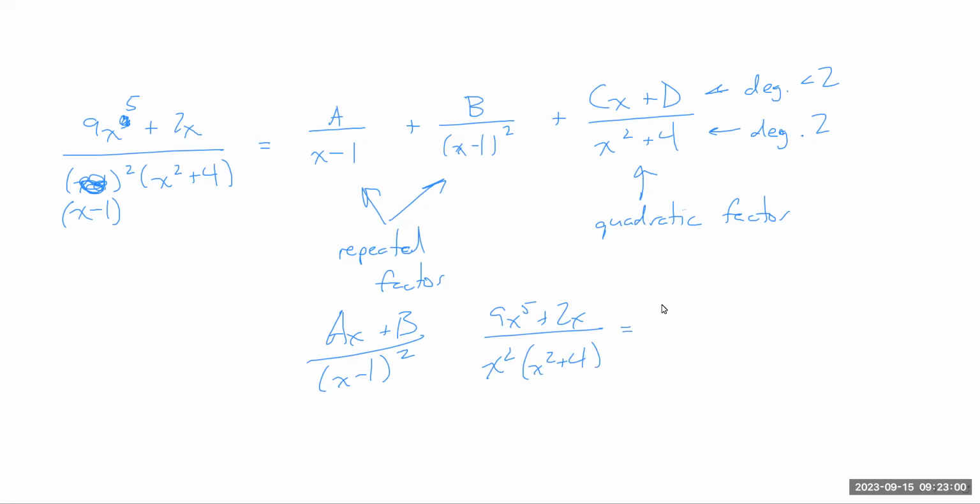So how do we handle just the x squared part there? What are the factors going to be? X and x squared, right? A over x plus what over x squared? B over x squared, plus whatever else. So that x squared, that's a repeated root, right?